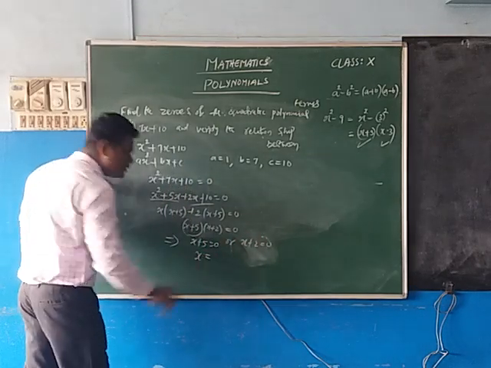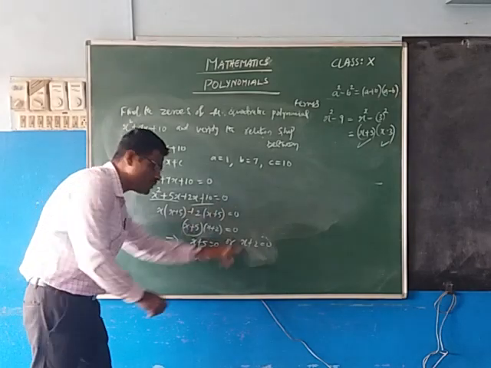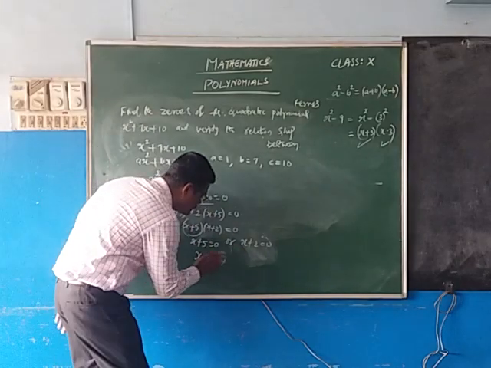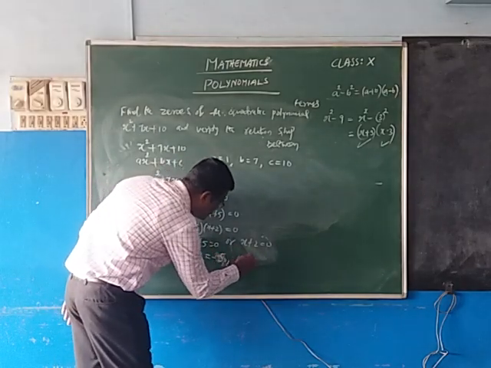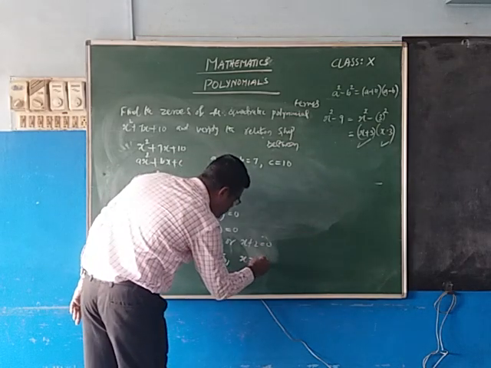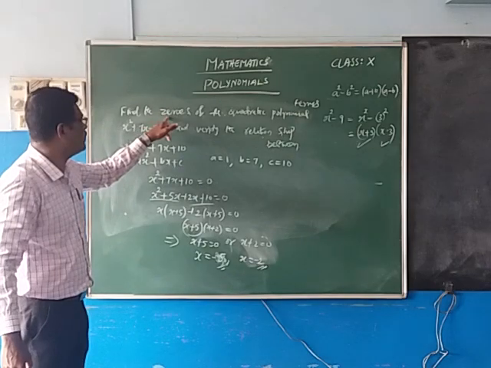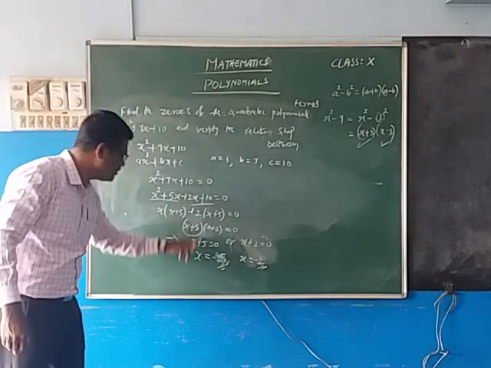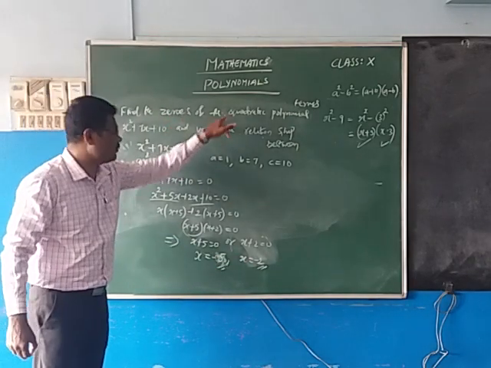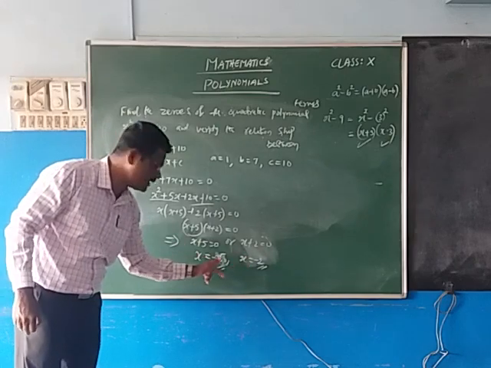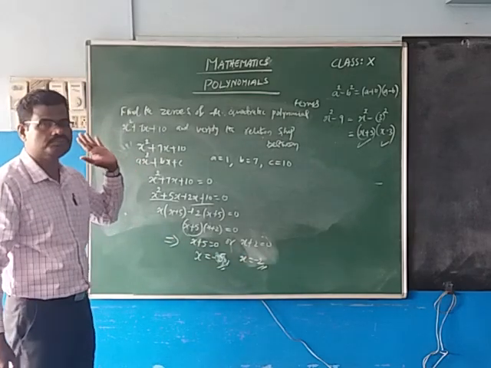X is equal to plus 5 go that side, minus 5. Or x is equal to plus 2 go that side, minus 2. These are the two values of the given quadratic polynomial. Find the zeros means find the value of x. Quadratic means it has two values, minus 5 and minus 2.